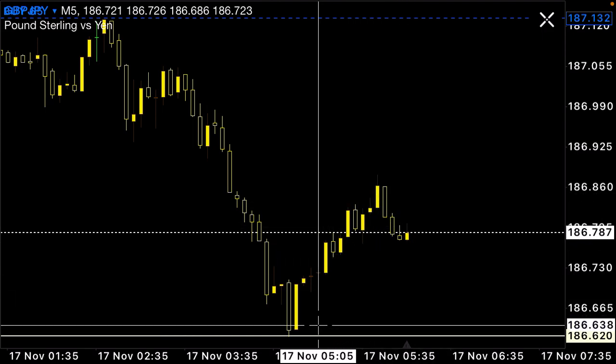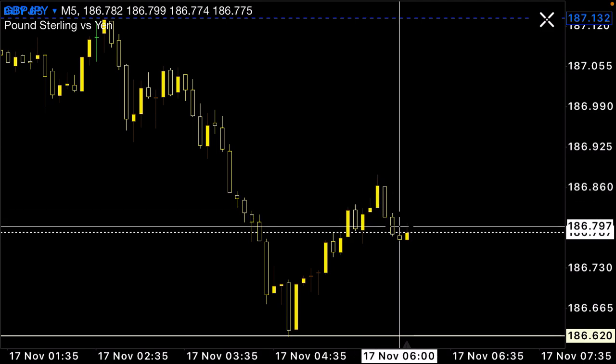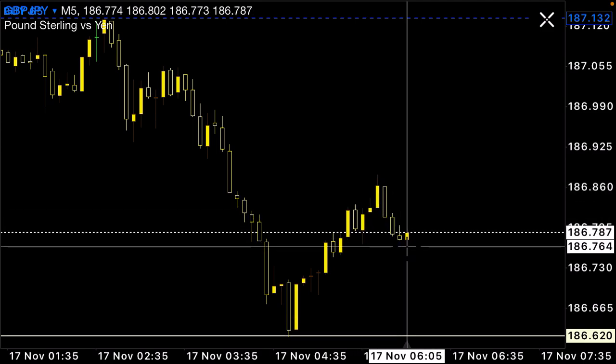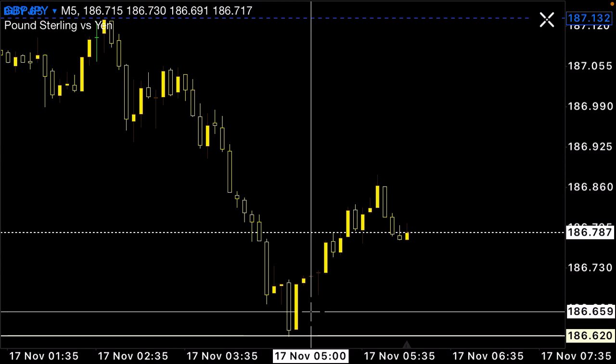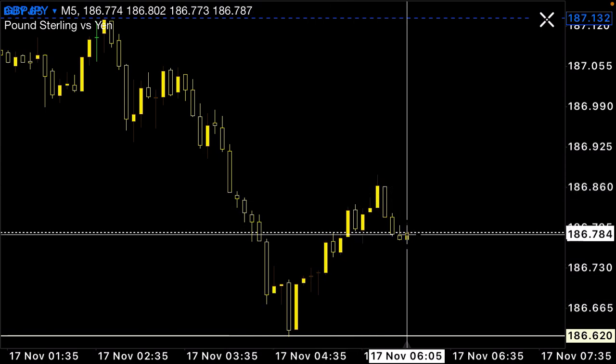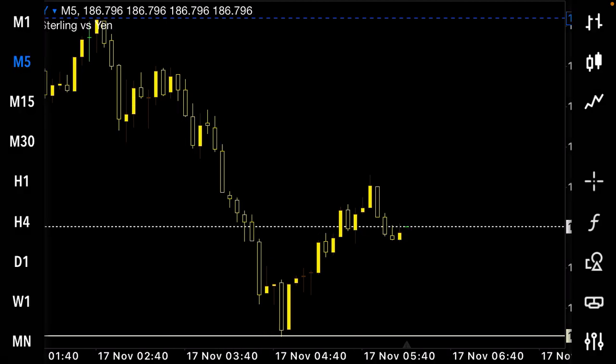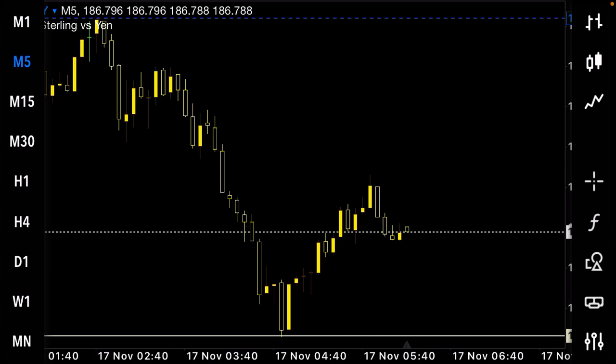I can get a closer up picture on the move up and the move down. And so this same move up and this same move down, going down to the lower time frame, up here go to the minute on the left-hand side. There it is.